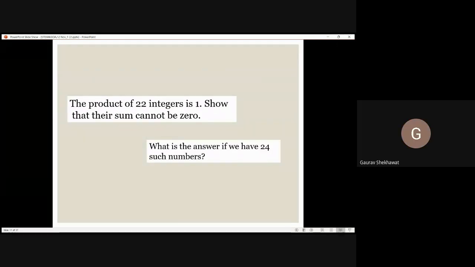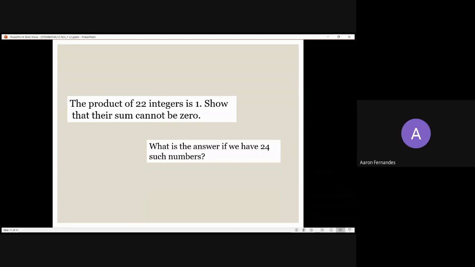But if 11 minus ones are there, the first condition given is the product is 1. So if 11 minus ones are there, their product is minus 1, and the other 11's product is 1. So the product will be minus 1.